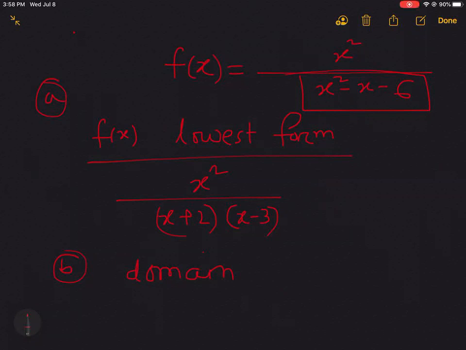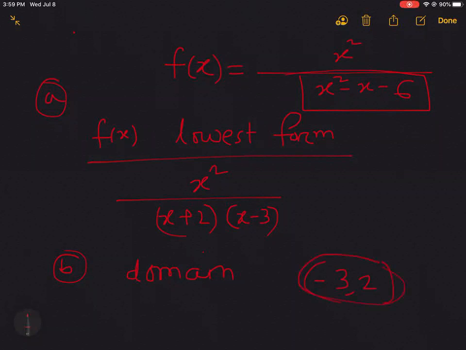What is the domain? Anyone? Is it from -3 to 2? Because the way you have written, it means from -3 to 2.